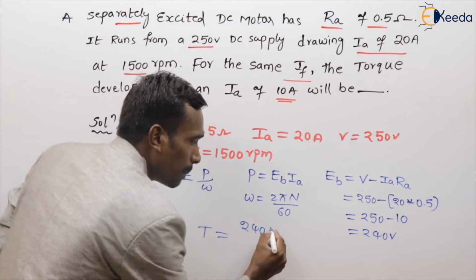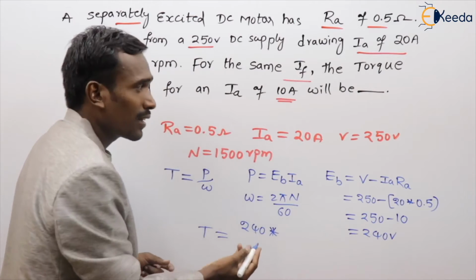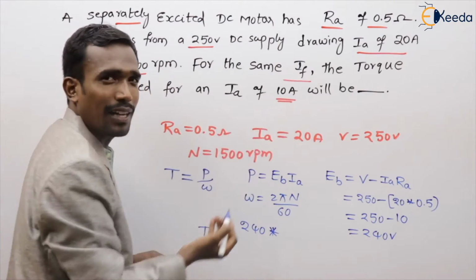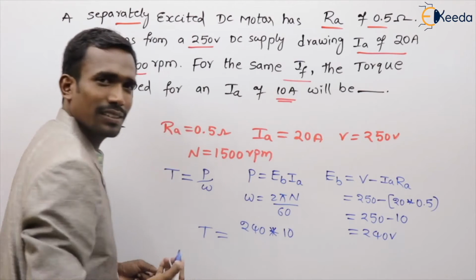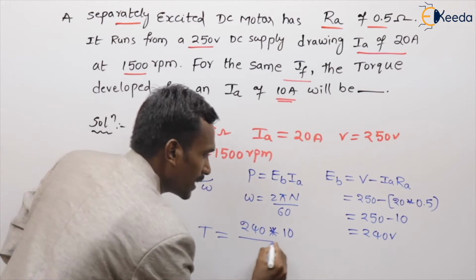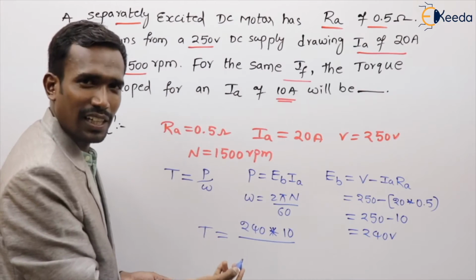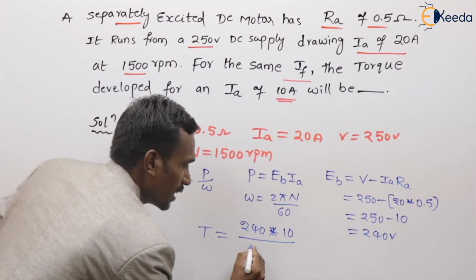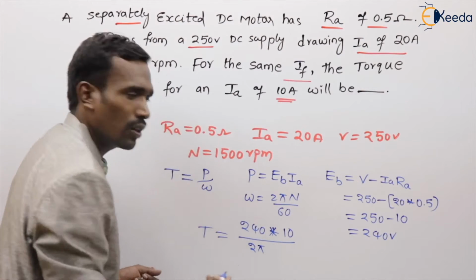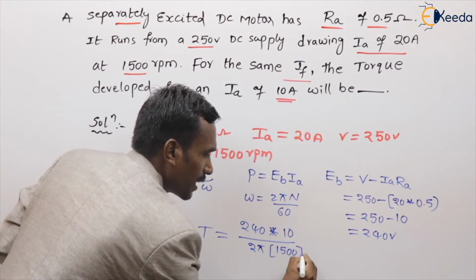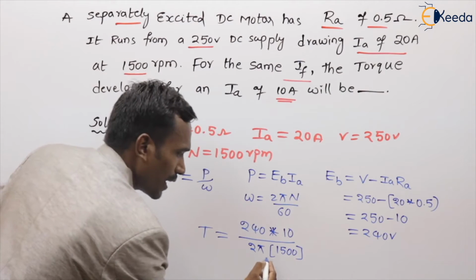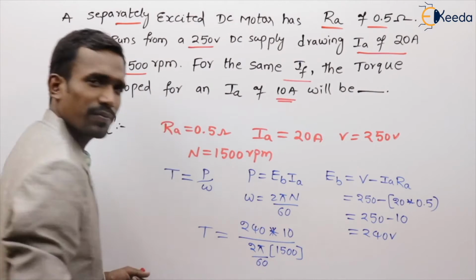But the armature current given is 10 amperes. So T is EB into IA divided by 2 pi N by 60, nothing but 2 pi into the given speed 1500 rpm divided by 60.